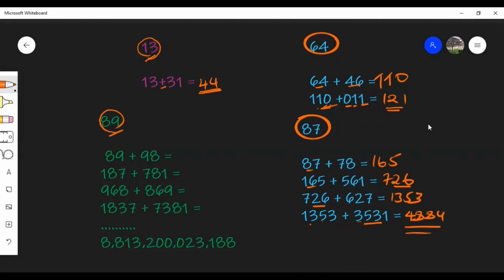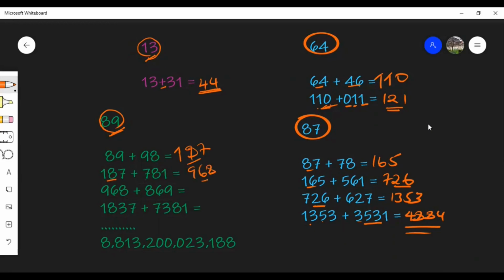Another number that could give you a palindromic number is 89. The same procedure like we did before, you take 89 plus 98, it gives you 187. Now this 187, you take it and bring it back here. 187 plus 781 gives you 968.